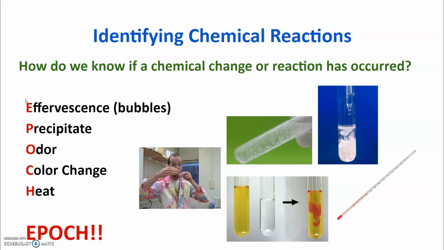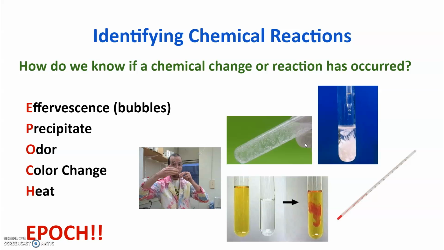So the way that we identify chemical reactions is through visual observations in this class. So how do we know if a chemical change or a chemical reaction has occurred? We're going to look for a couple things. One indicator is effervescence, which is just a fancy word for bubbles, and that's seen here with that green backdrop.